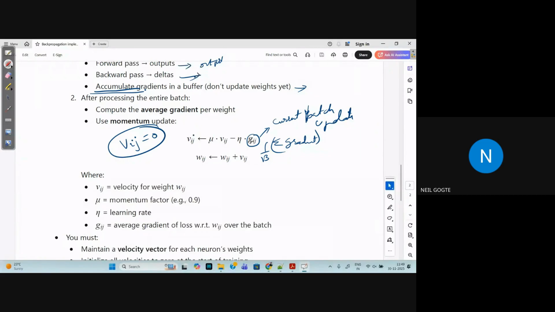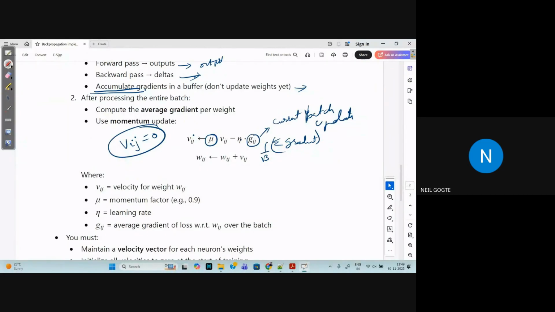Imagine mu is 0, so Vij is equal to minus eta into Gij, which is the average gradient, averaged over the batch, and that you apply to the weight change. That is how you get your new weights if mu is 0.